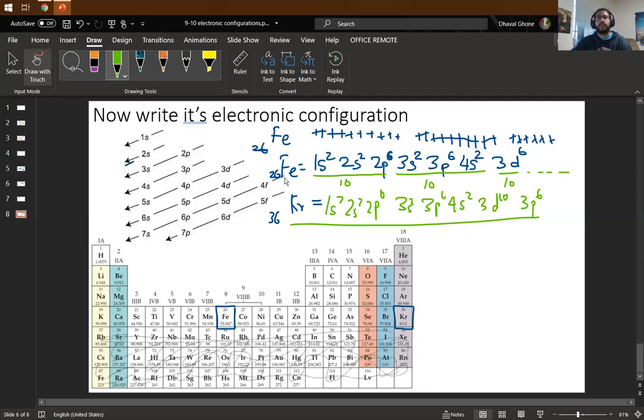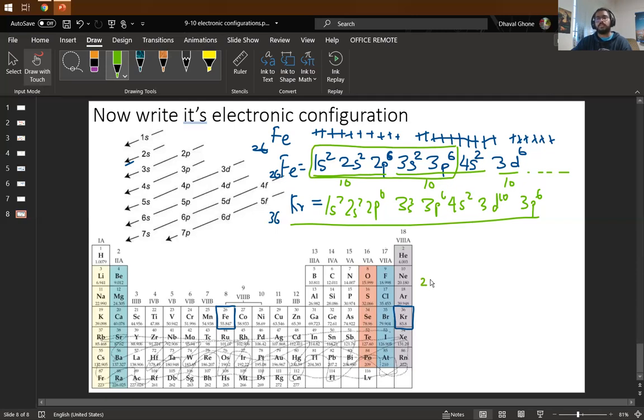So if I take iron, for example, iron is over here. If I go back, the previous noble gas is argon, 18. So I'm going to count 18 electrons, which would be this. These are 18 electrons, and this is also the electron configuration if I had to write it for argon.